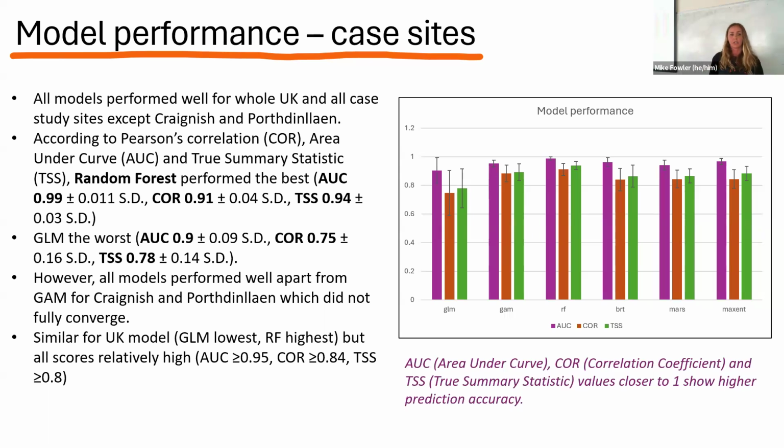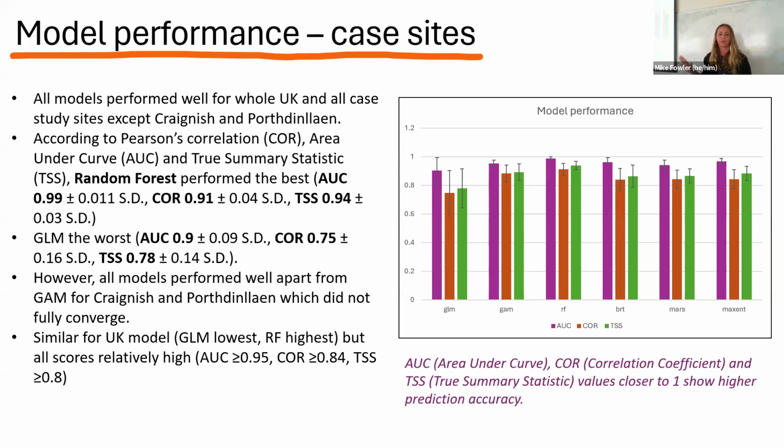For Craignish and Portincline, one is a small area in Scotland and one's a small area on the north coast of Wales, I think what we found was that the areas were so small, a lot of the presences were very clustered, and so there weren't enough presence points, and not enough variation in the environmental factors for us to make really good predictions of where else it could grow within that small area.